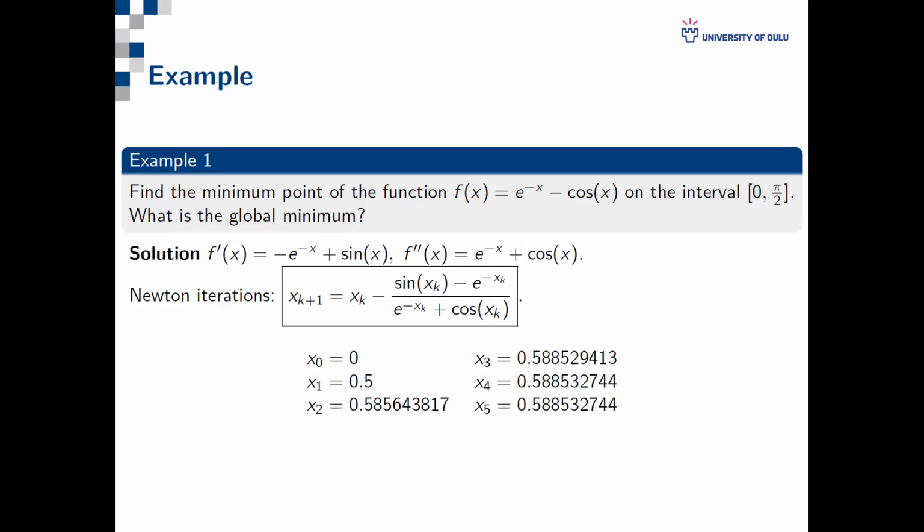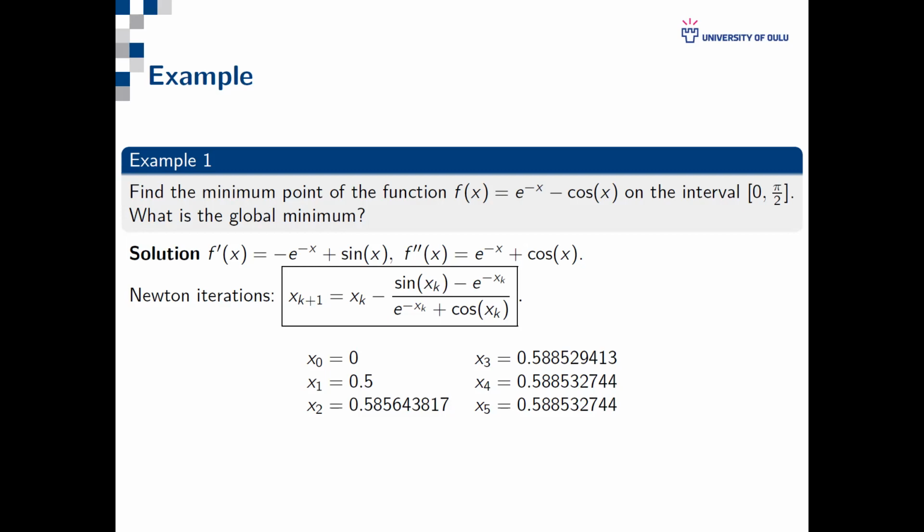So here you see already that there is 0.5 8 5 6 4 3 8 1 7. And because in x1 and x2, the first digit is the same, I make a wild guess that the first two are already correct. So 5 and 8 are correct digits. Then I substitute x2 on the right-hand side of my iteration and compute x3.